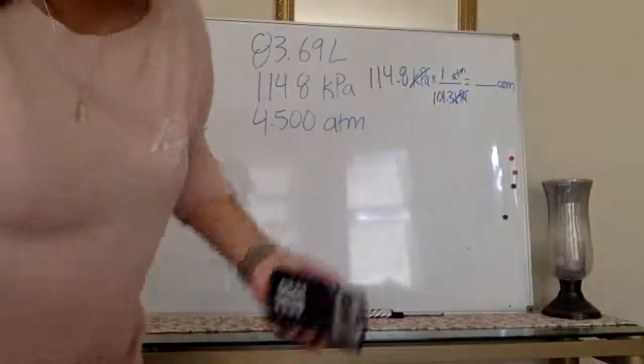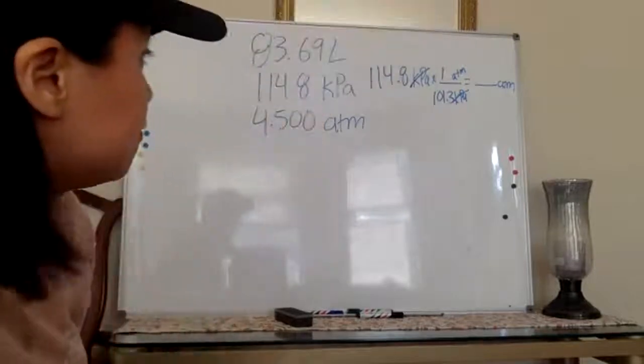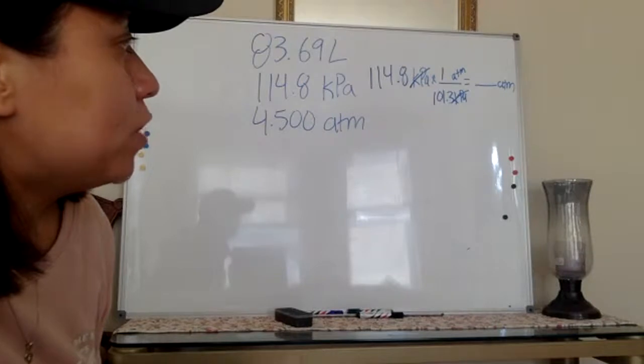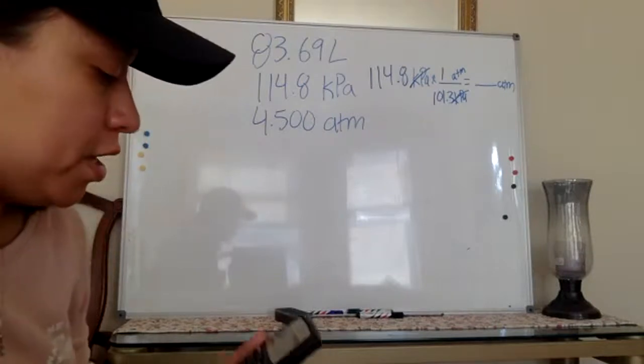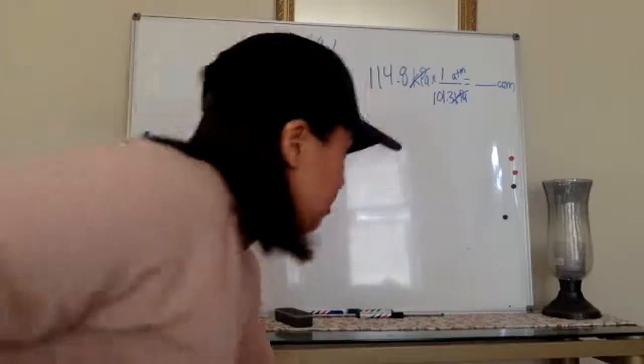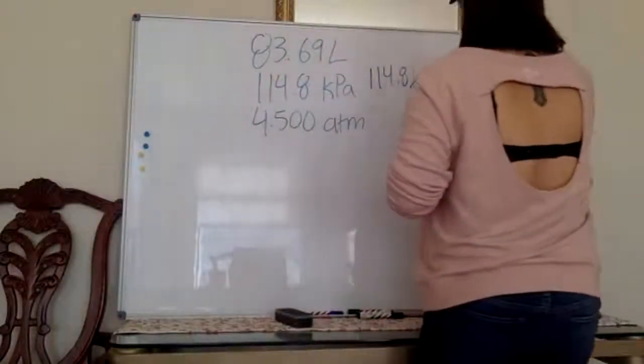For our purposes, we're going to keep it to 4 significant figures, since 114.8 kPa and 101.3 kPa both have 4. So I'm going to say it's 1.133 ATM, so we don't have to write the whole number.